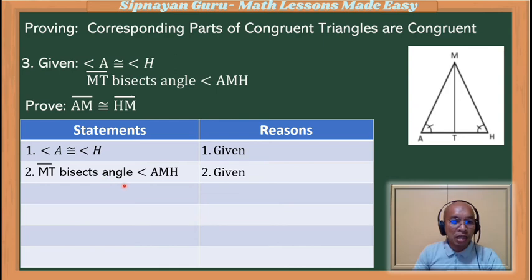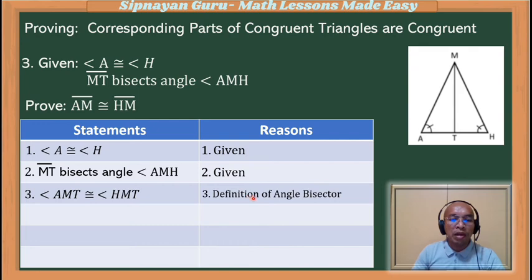From this given statement, what can you infer from statement number 2? What is bisect? Bisect means divide the angle into two equal parts. So therefore, we can say that angle AMT is congruent to angle HMT, again, by the definition of angle bisector. This side is common to the two triangles.